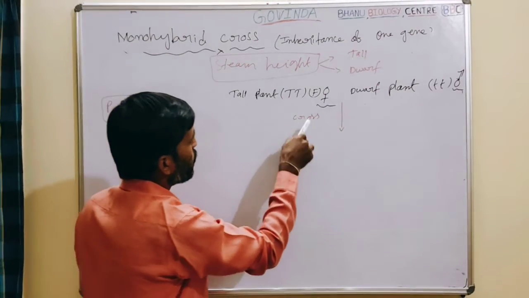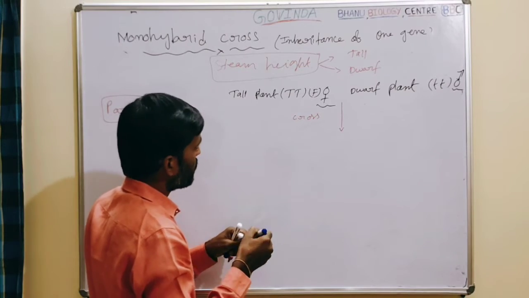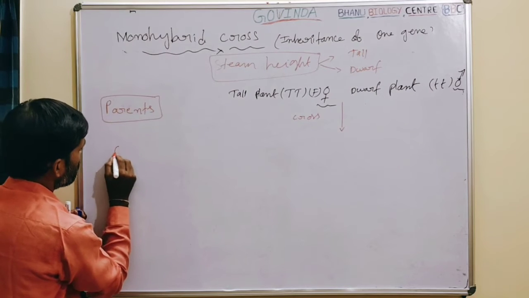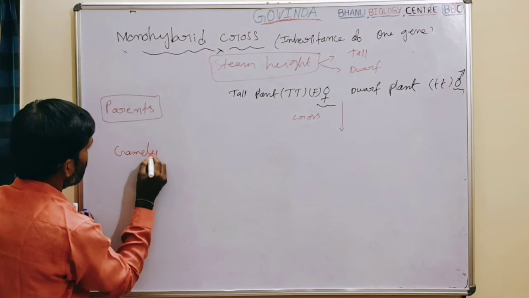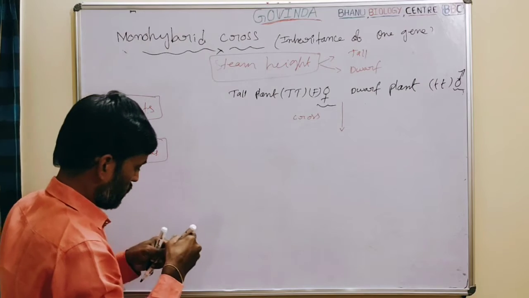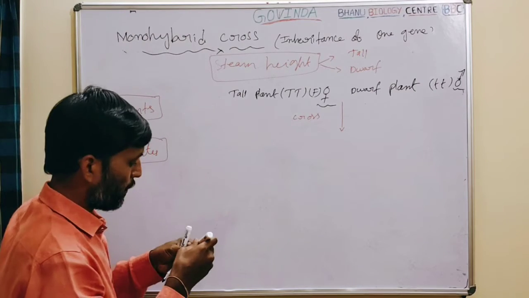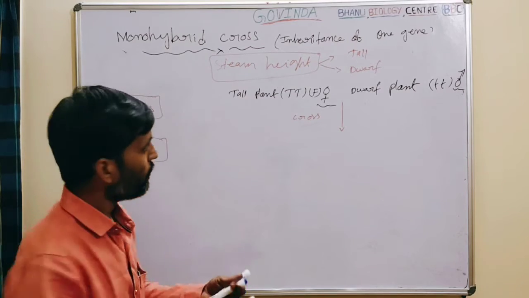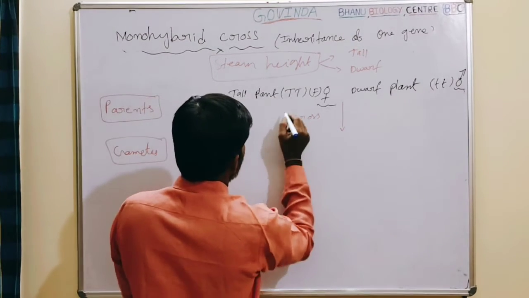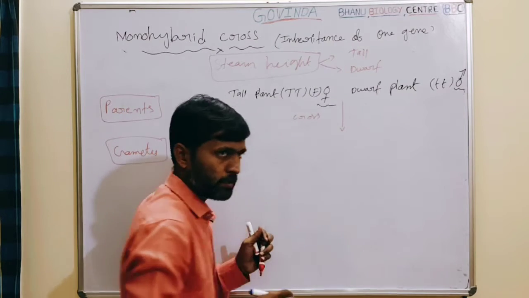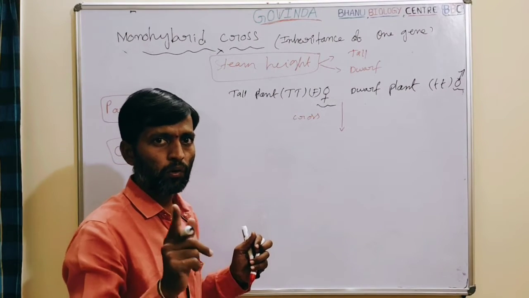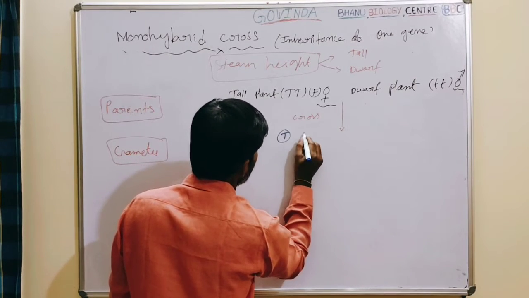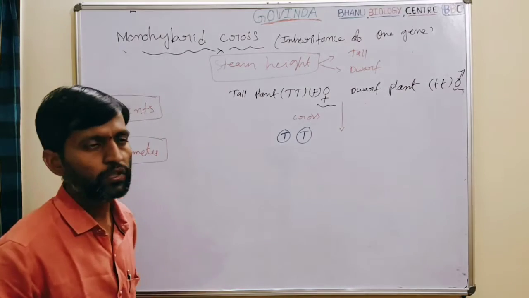So what are the gametes produced by this plant? Here I write gametes. When we write gametes here, it is easy to make a cross. From this plant, all the gametes produced have only one allele, that is capital T, because the plant is in homozygous condition.